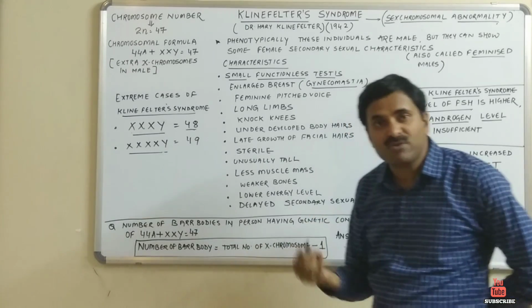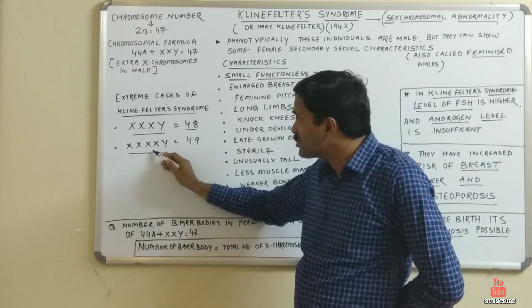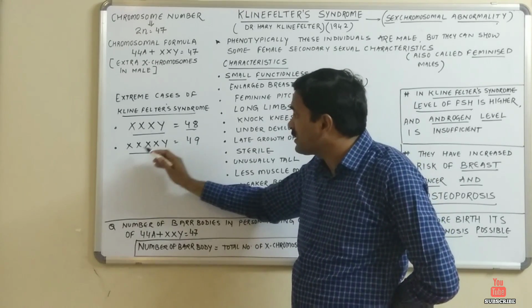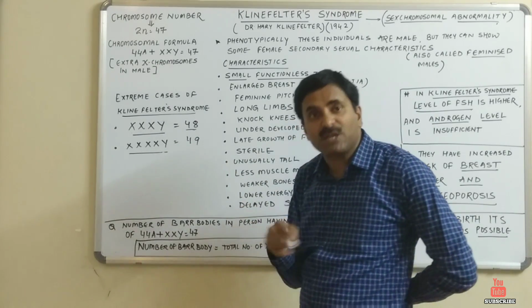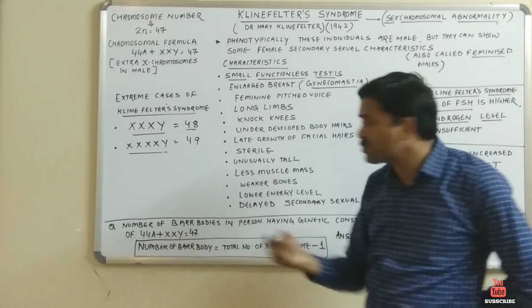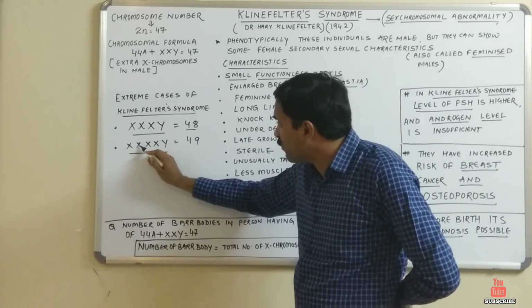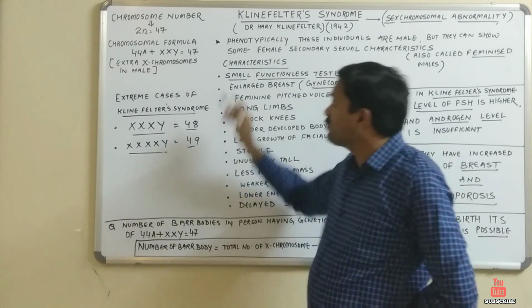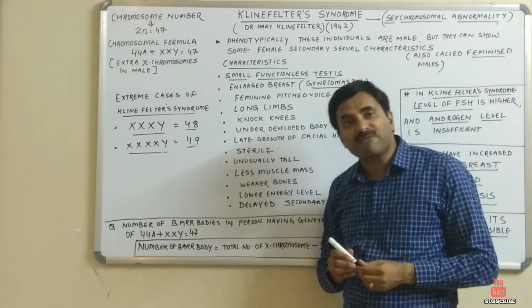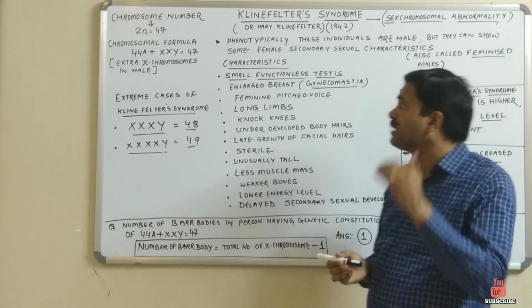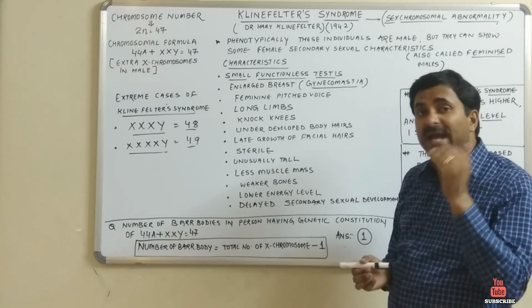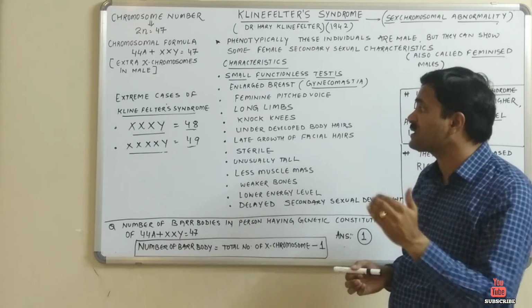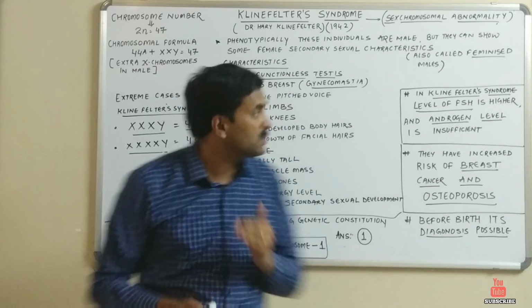And in more extreme cases, the number of X chromosomes may be 4X. So the genetic constitution will be 44 autosomes and then 45, 46, 47, 48 and 49. So a person suffering from Klinefelter syndrome may have 47 chromosomes, and in extreme cases it may have 48 or sometimes 49 chromosomes also.